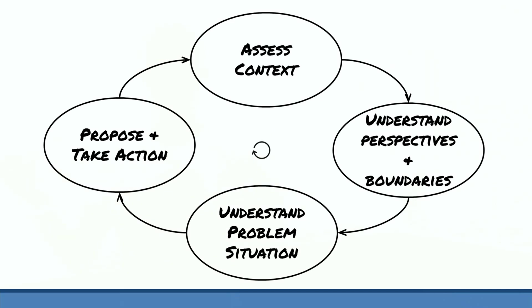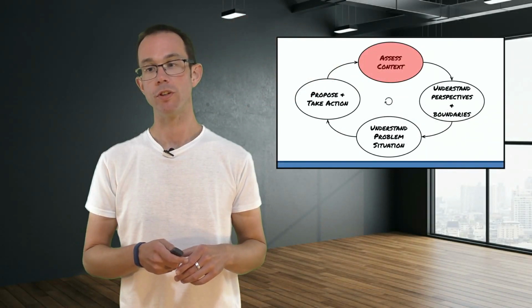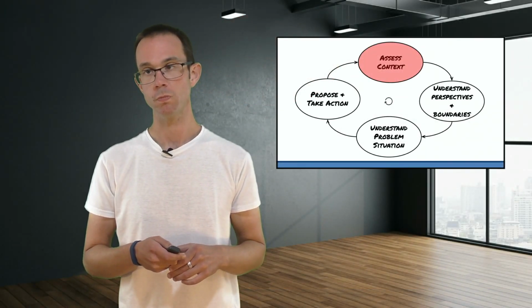We might have different perspectives on where a system starts and ends. I'll then talk about understanding the problem situation. That's an area you'll probably be familiar with as a BA, but we've got some techniques in there to share. And finally, very briefly at the end, I want to talk a little bit about proposing and taking action. But we'll start off by talking about assessing context.